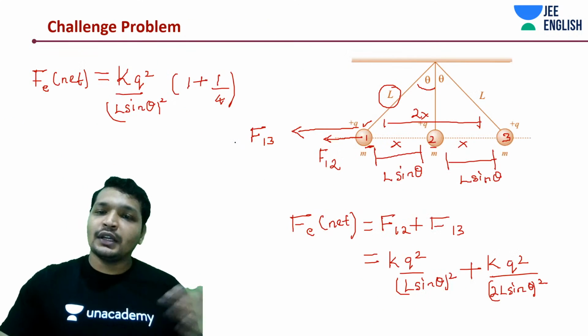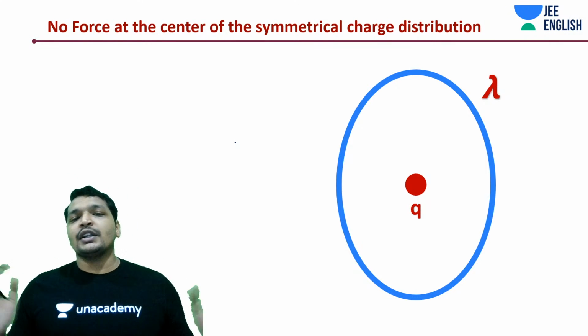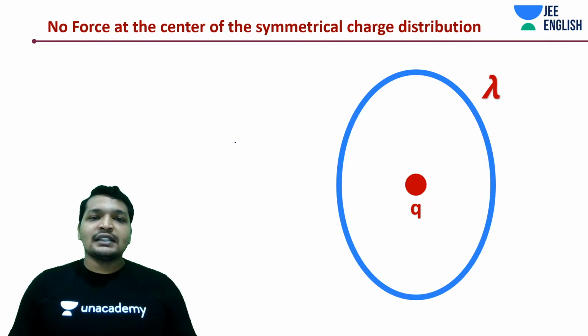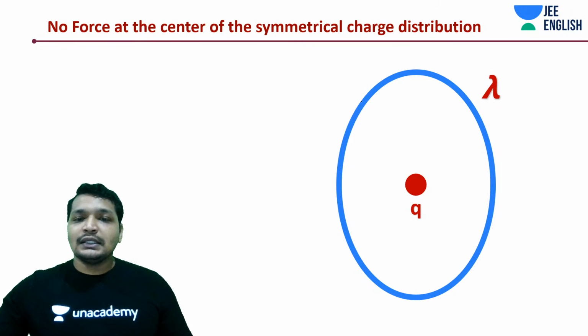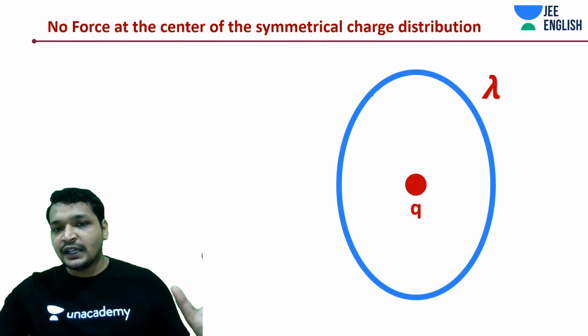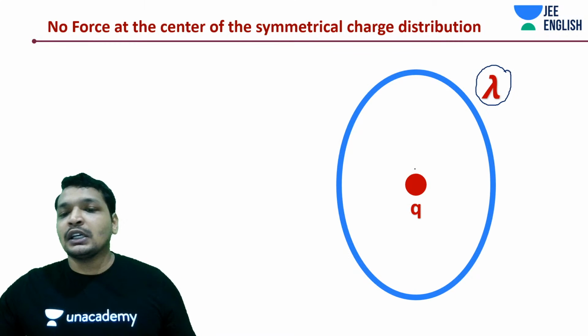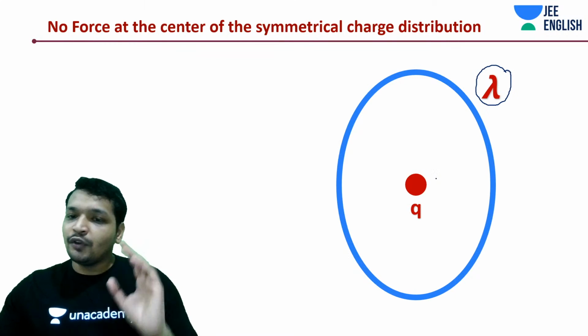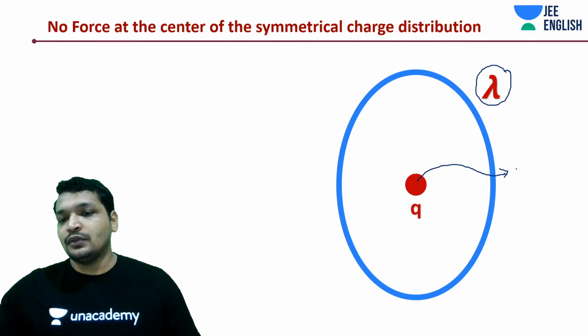Alright, let's move on to the next problem, and before that, a very important concept. Whenever a charge is placed at the center of a symmetrical charge distribution, like let's say this ring over here has charge symmetrically and evenly distributed on it in terms of lambda, then this charge would not experience any force. Net force on this charge is going to be 0.